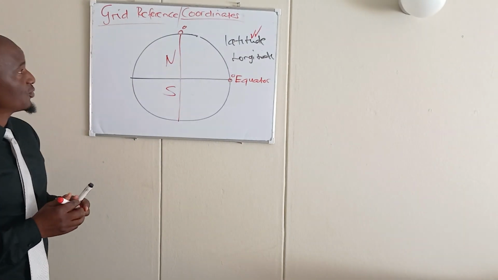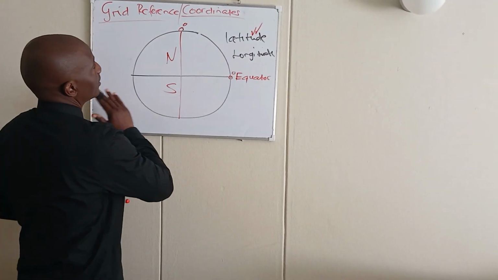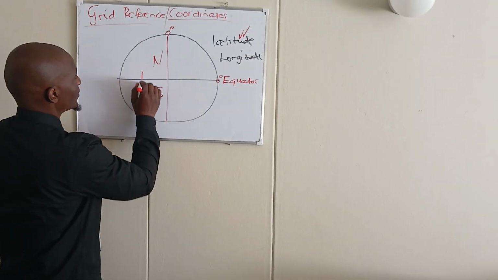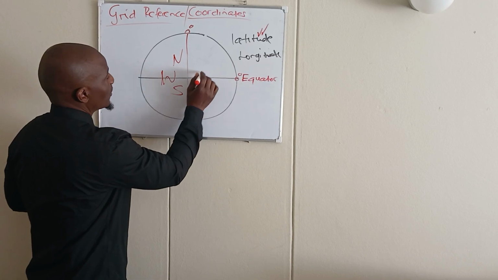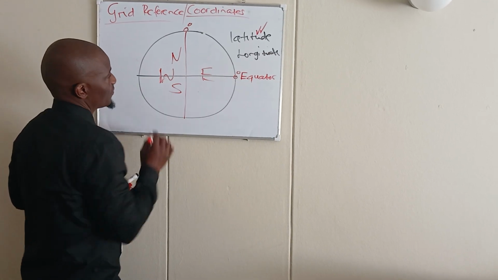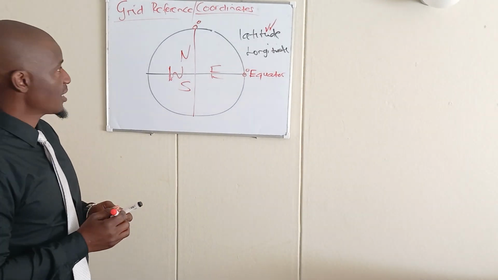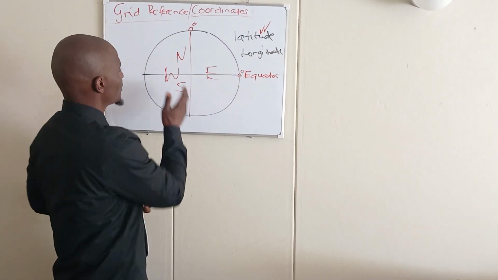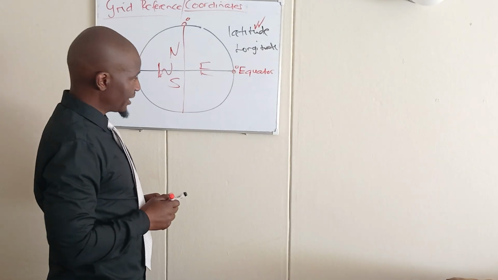Then you're also supposed to find its position in relation to the Greenwich meridian, whether it is in the western or in the eastern hemisphere. So each and every place, if I'm to sum it up, is found in two hemispheres. It's either north or south of the equator, or it's west or east of the Greenwich meridian.